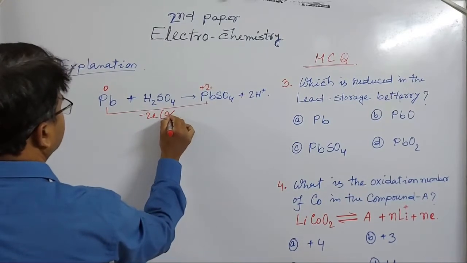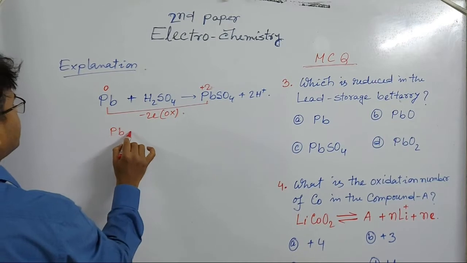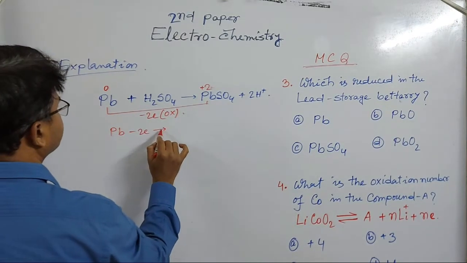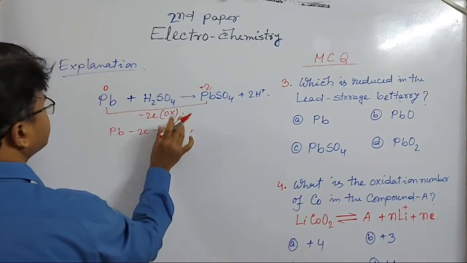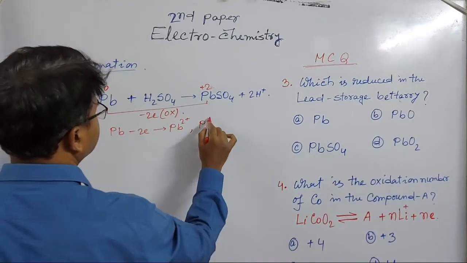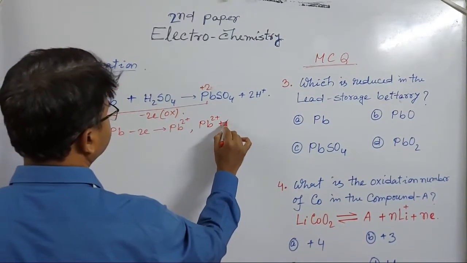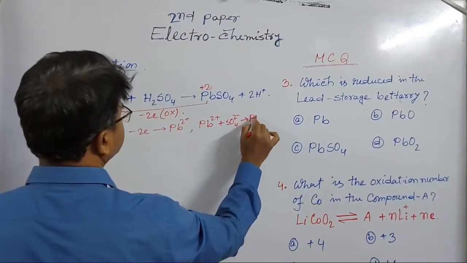I mean here oxidation reaction takes place. I mean lead releases 2 electrons to form lead 2 plus ion. Then this lead 2 plus ion combines with sulfate of sulfuric acid to produce lead sulfate.